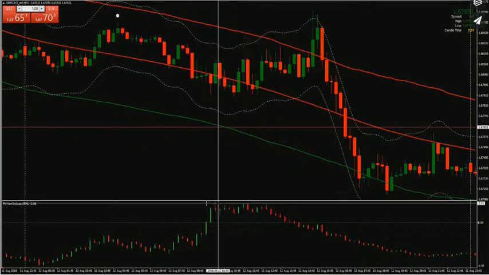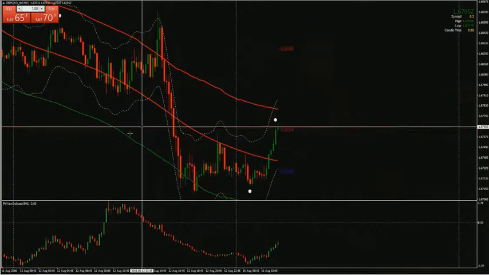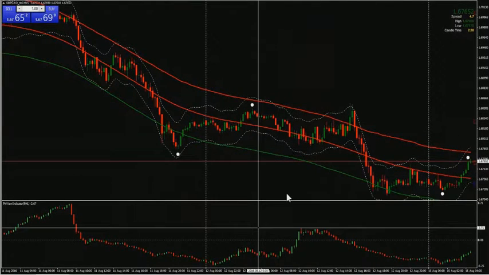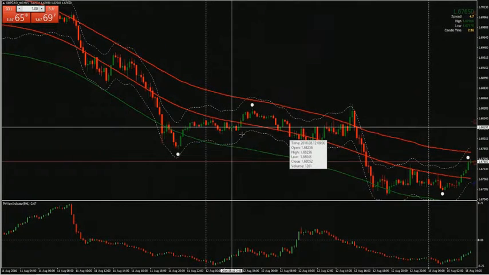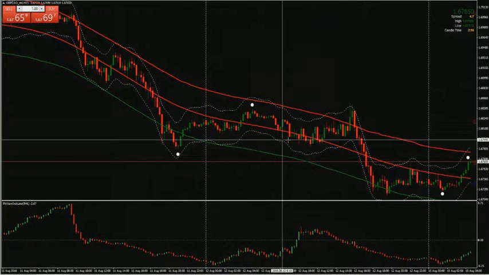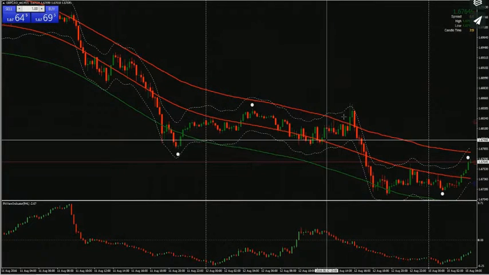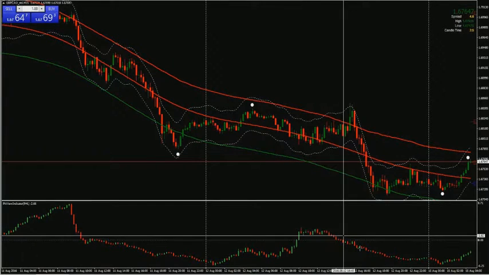So for instance, let me minimize this. Let's go here. As this was consolidating here, this was telling you go long, and it did. It never really went short, so it was giving you a sense that they were going to go long, and they did go long. But then they stopped it here, and they started going short here.